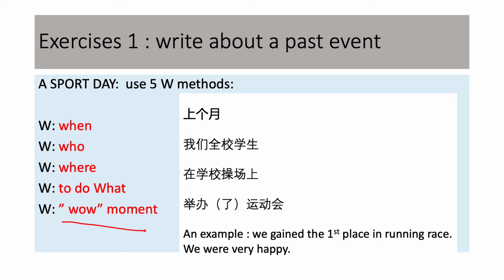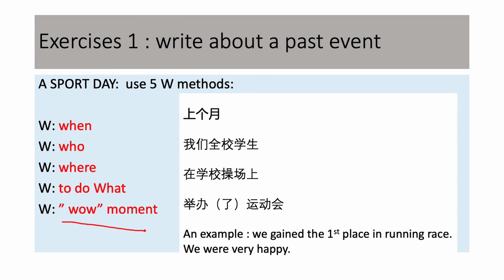Okay, when is a past event, 上个月 last month to show its past time slot. Who, 我们全校学生 our whole school students. Where, 在学校操场上 okay? In school playground or sports ground.